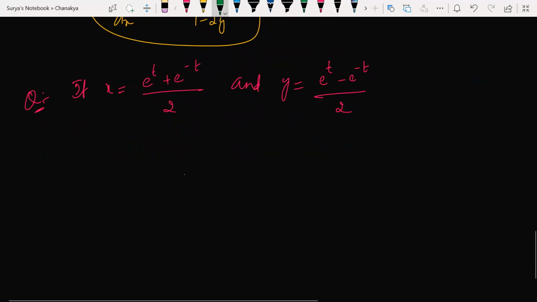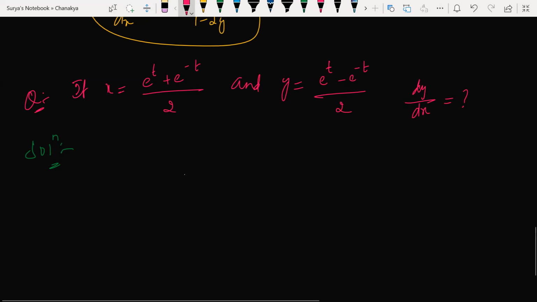Now solve the differentiation or find out the answer of this. This is a parametric form question. Dx given, dy given, x given, y given. It is asking you to find out dx by dy.